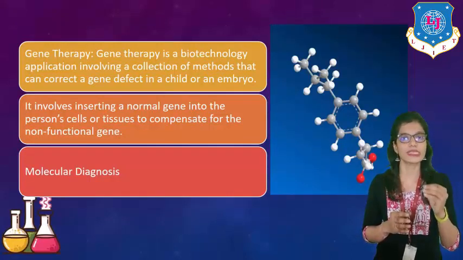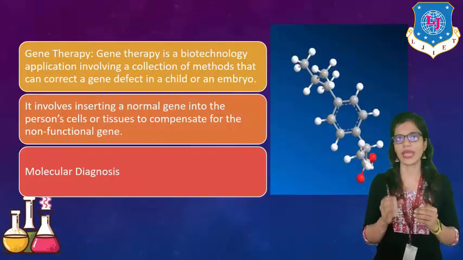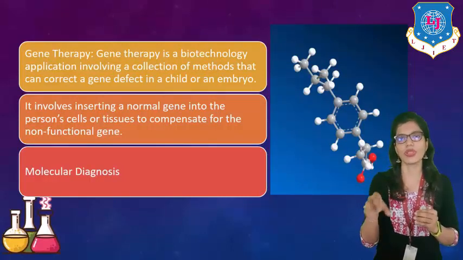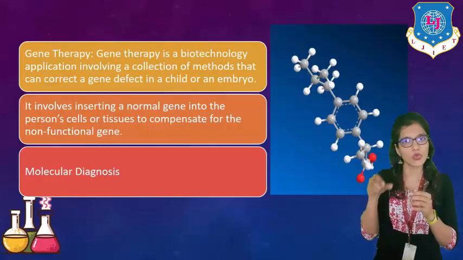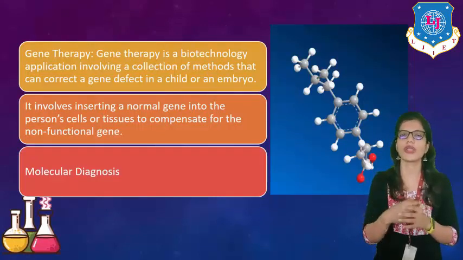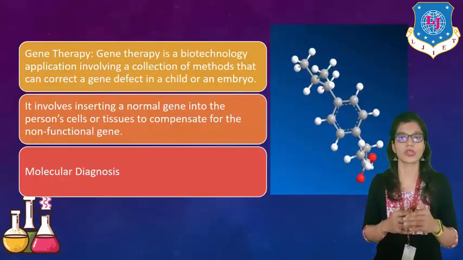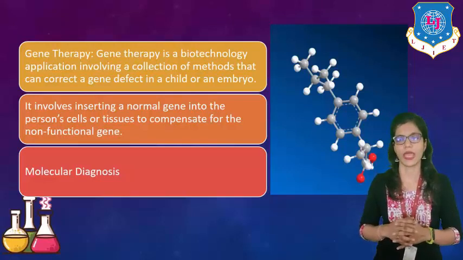If it is diagnosed at the embryo level, then we can treat that particular disease at that level. That gene is removed and a properly improved genetic sequence is inserted into that embryo, and the child will be healthy. A healthy person can lead a life easily.